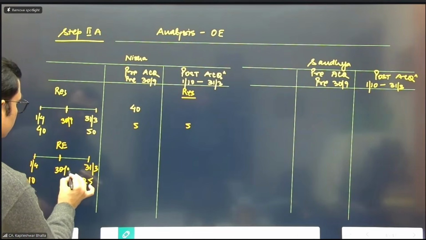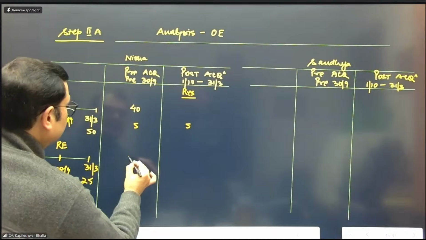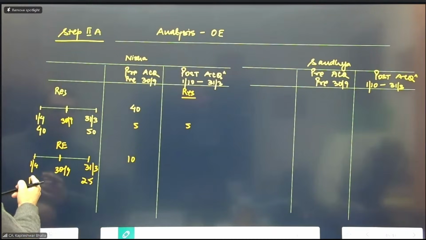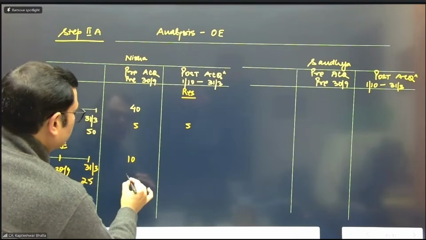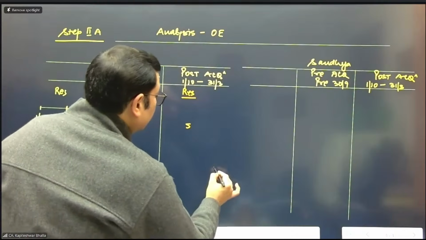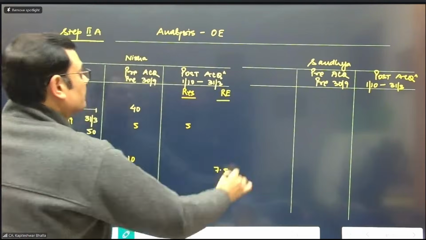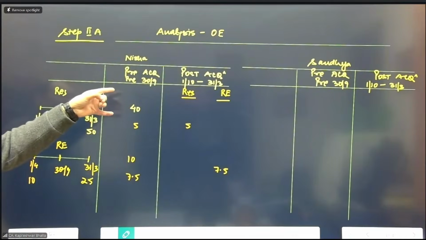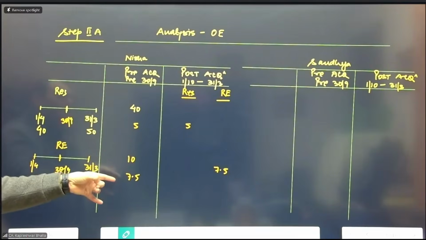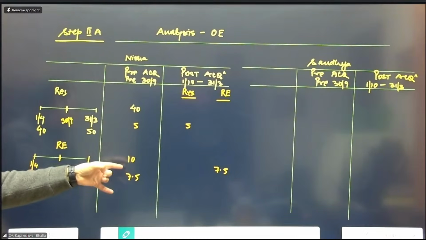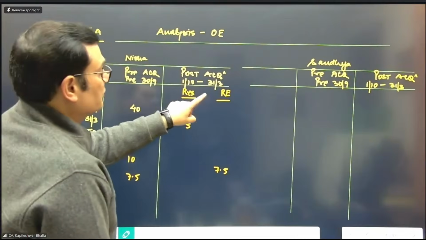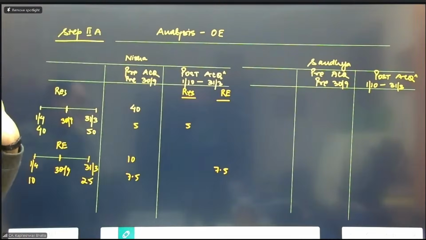The date of acquisition is 30th September. So we can say 10 becomes pre, and whatever is the increase, 15, is divided in the time ratio, and the 7.5 is going to be taken under a separate column. There is no need to segregate the column in pre-acquisition. Pre-acquisition can be taken everything combined, but in post-acquisition, you must segregate the columns.